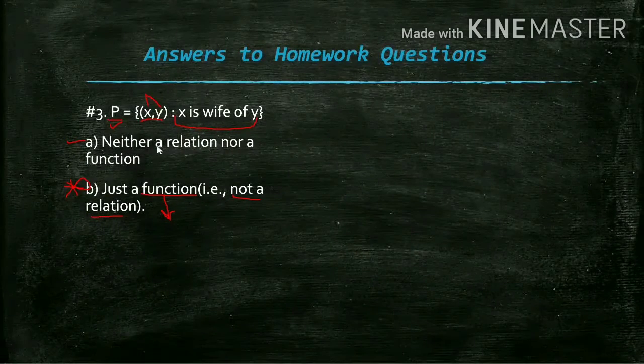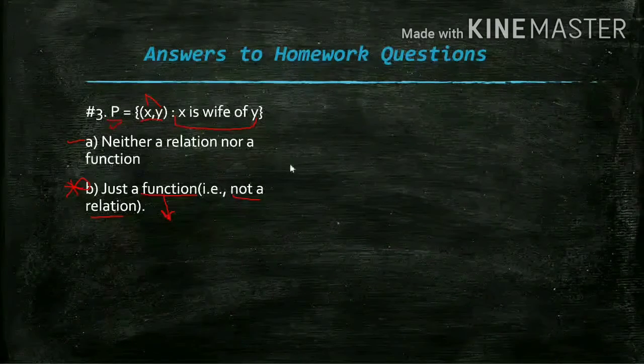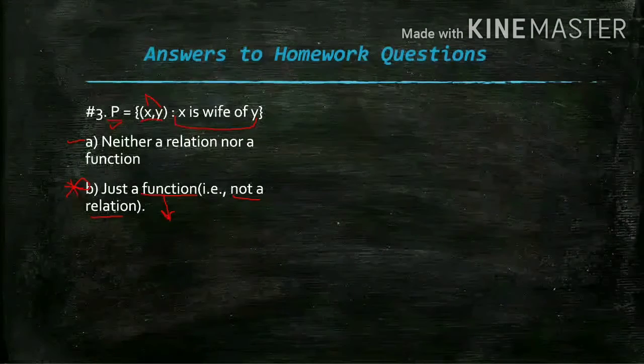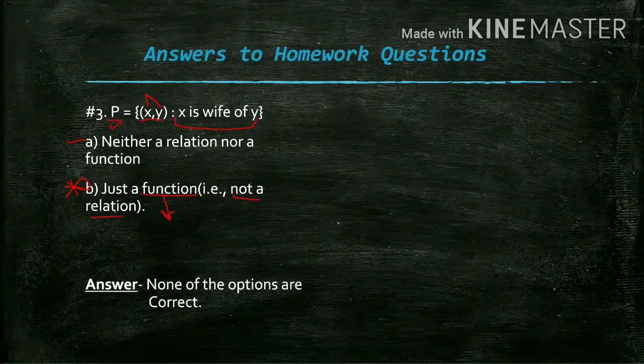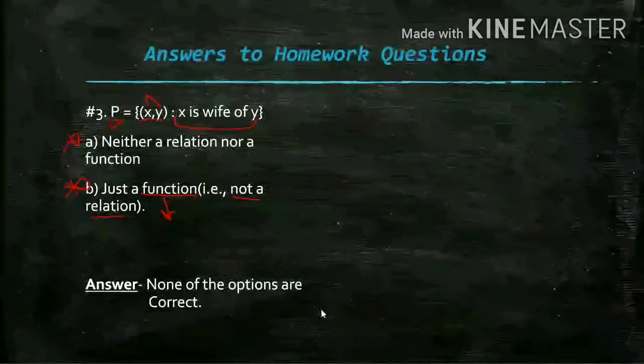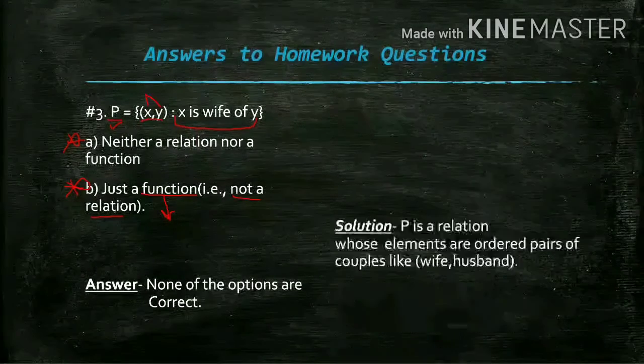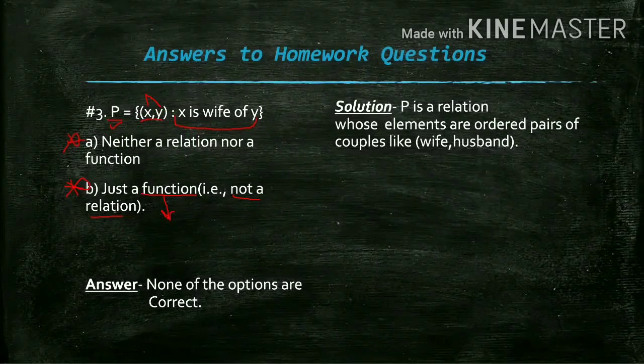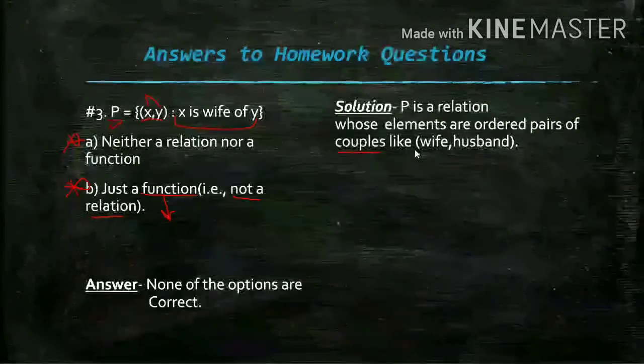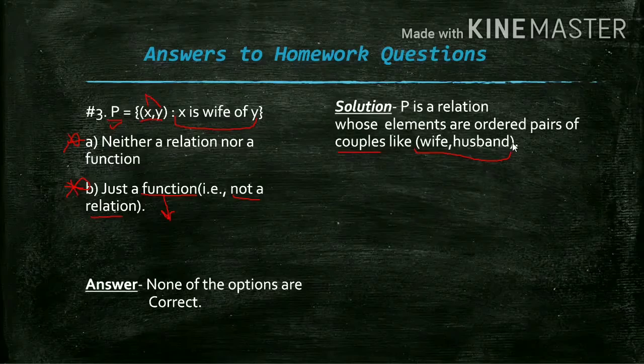So we are just left to check whether it is neither a relation nor a function. Well, the answer is that none of these options are correct. B is not correct, we just told you, and A is also not correct. Now how is it? Let's see. Clearly P is a relation. As I told you, these ordered pairs are nothing but couples: wife comma husband.